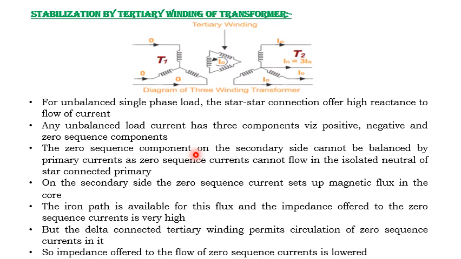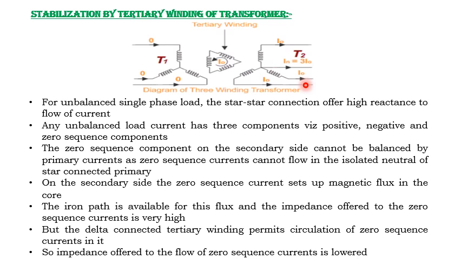On the secondary side, the zero sequence current sets up a magnetic flux in the core.